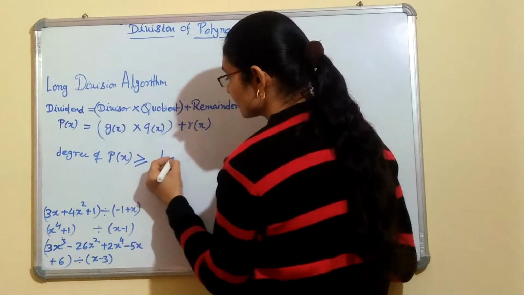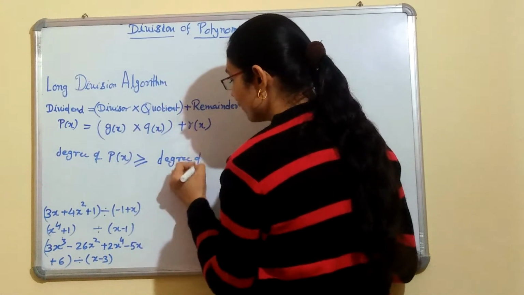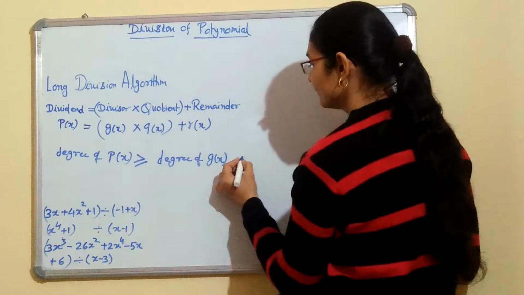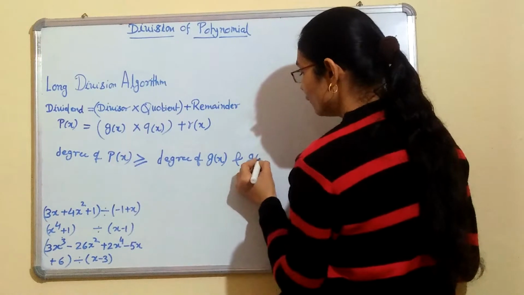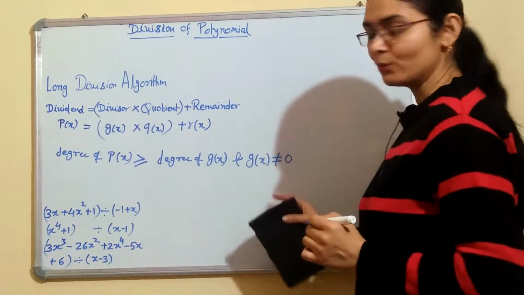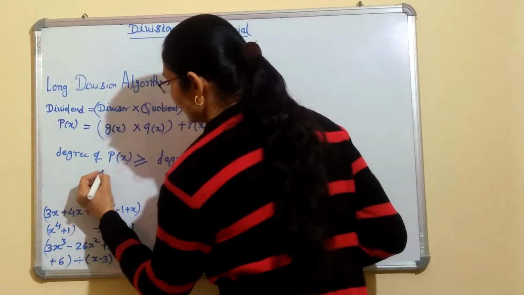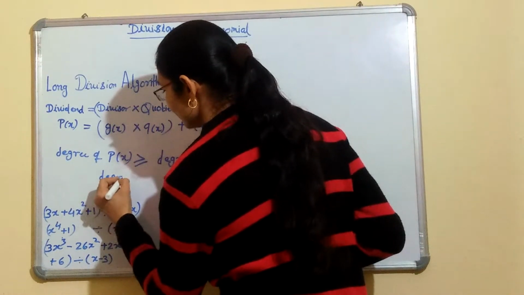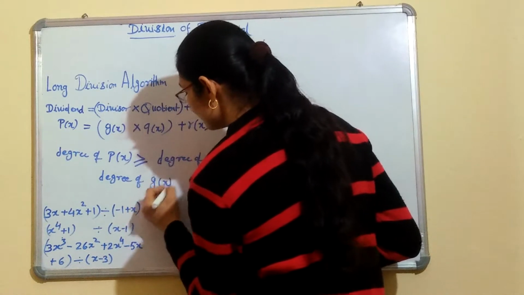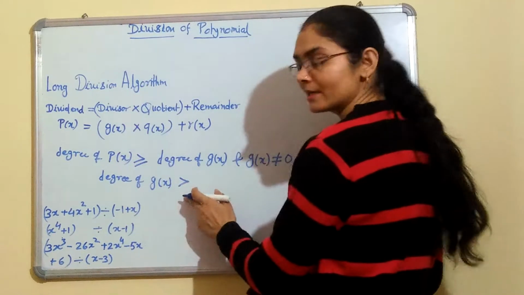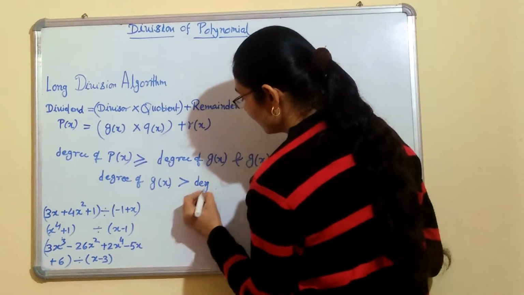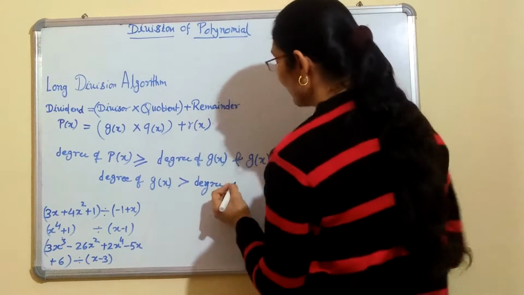that means the degree of the polynomial g(x), and the polynomial g(x) does not equal 0, and the degree of the divisor, that means the polynomial g(x), is strictly greater than the degree of the polynomial r(x).